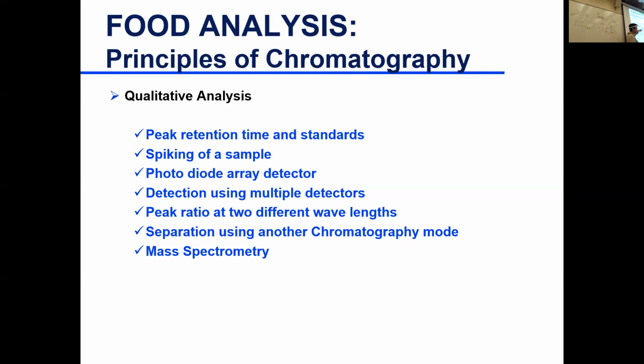Even if you don't get good separation, you can get different mass spec data, mass over Z or molecular weight over charge, and you can identify compounds even if you don't have resolution, which Gary will talk about in the MS lecture. Okay.